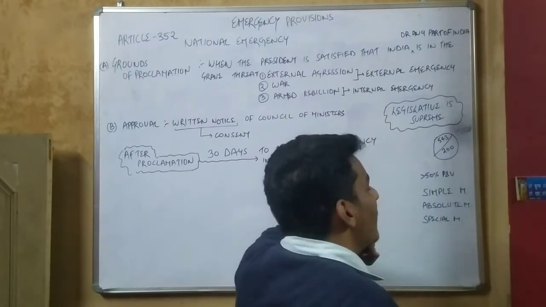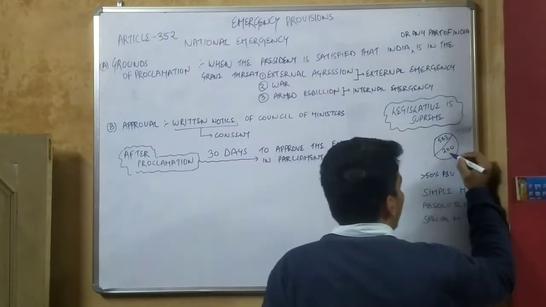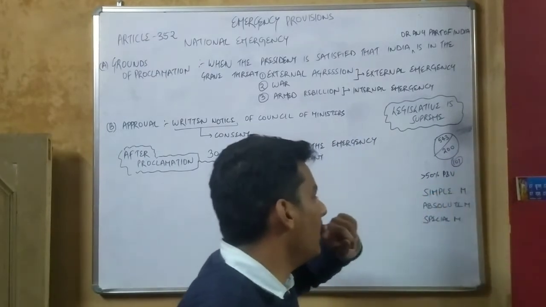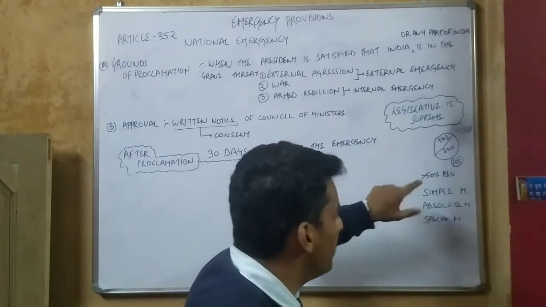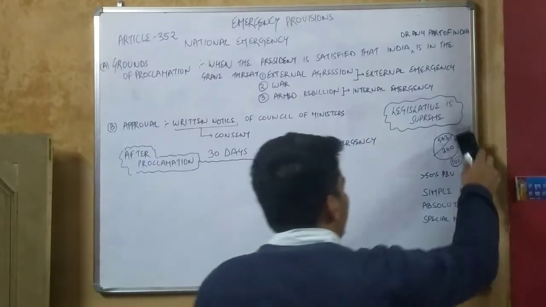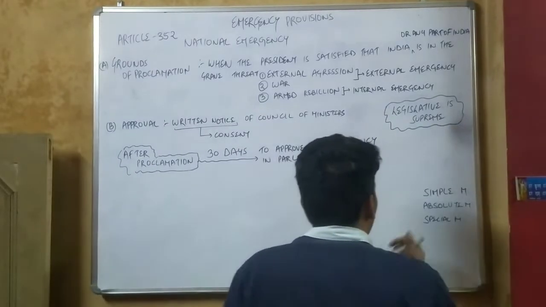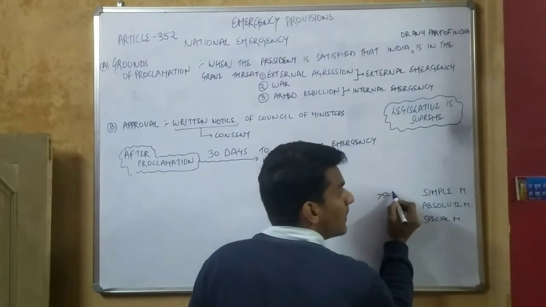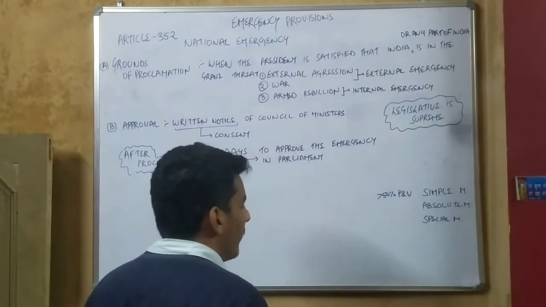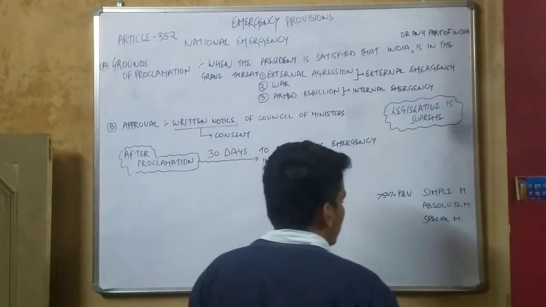More than 50% of those present and voting means 101, which you require to pass that bill with a simple majority. This is the simple majority: more than 50% present and voting.